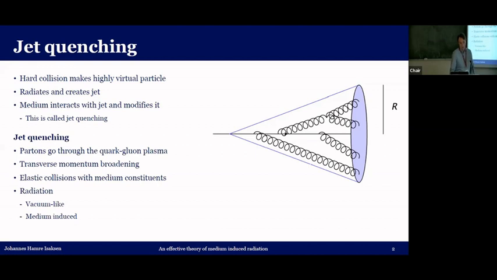As these particles go through the quark-gluon plasma, they can experience many effects, for example transverse momentum broadening, elastic collisions with medium constituents, and also radiation. Today I'm going to talk about medium-induced radiation.